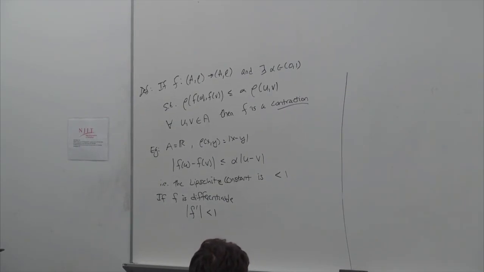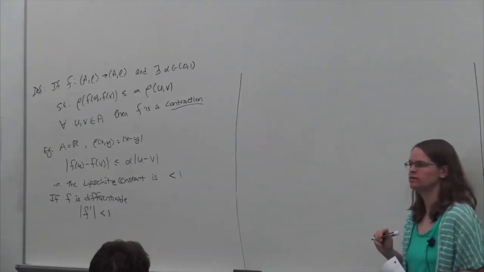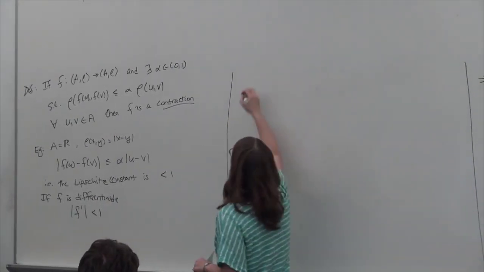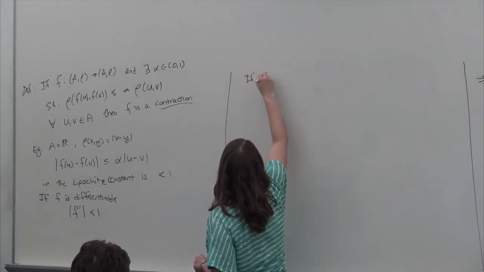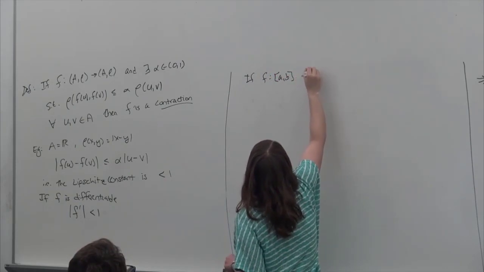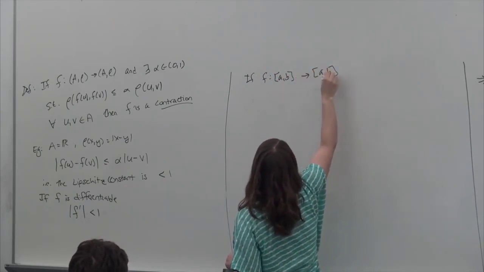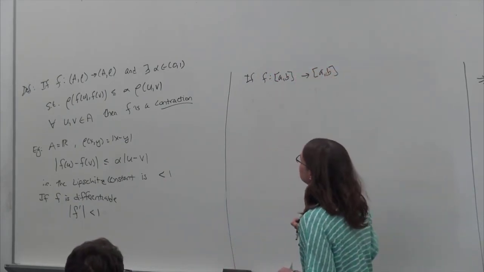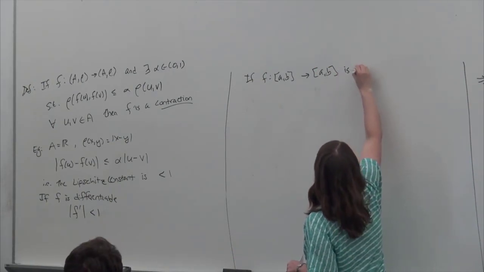Okay, so let's stick with this example on the reals for a second. Let's say that f takes a closed interval and maps it somehow into a closed interval, and it's a contraction.